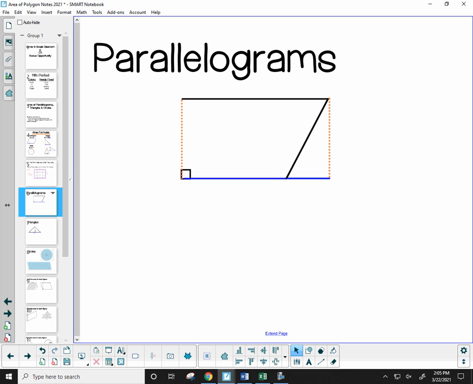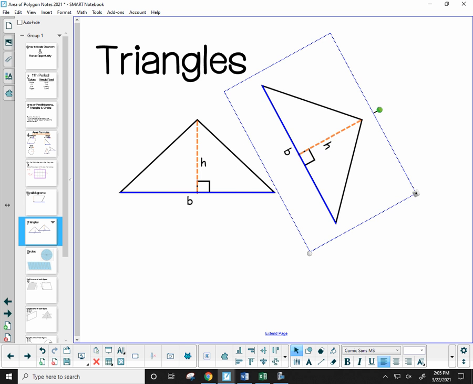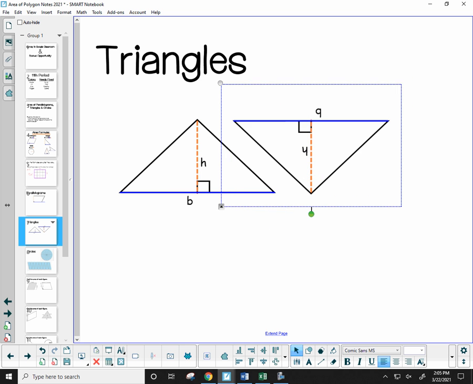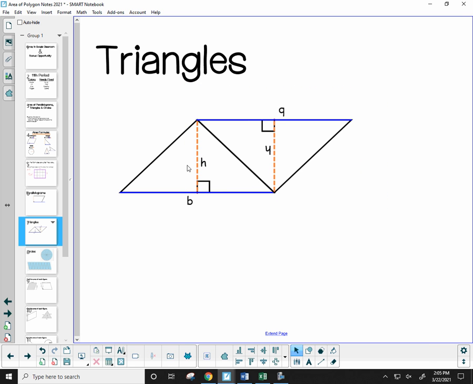I can think about a triangle in somewhat the same way. I want to take this triangle or multiple triangles and turn it into a shape I already know. So what if I duplicate this triangle and I turn it around and I put it together with this other triangle? What overall shape did I make? A parallelogram.